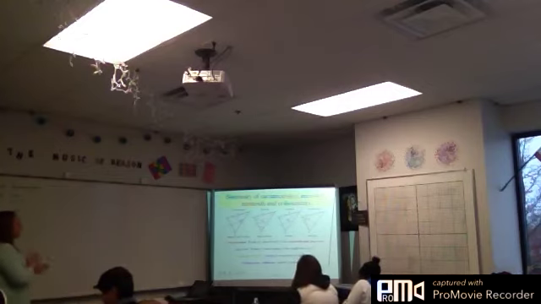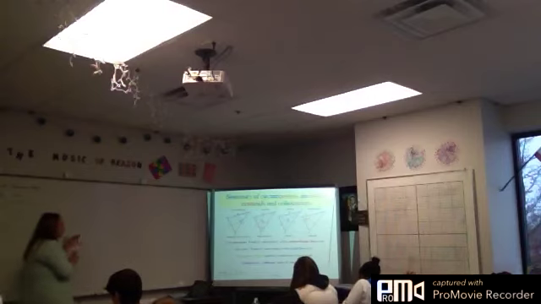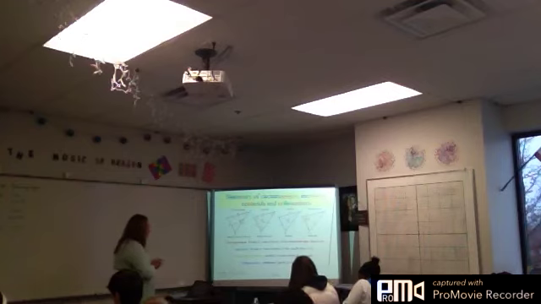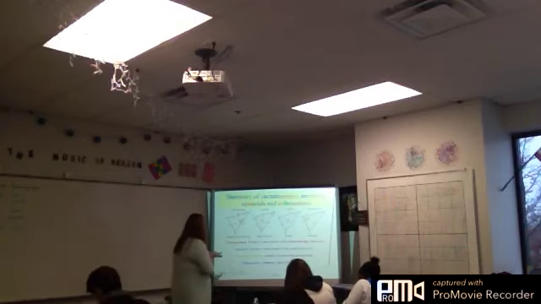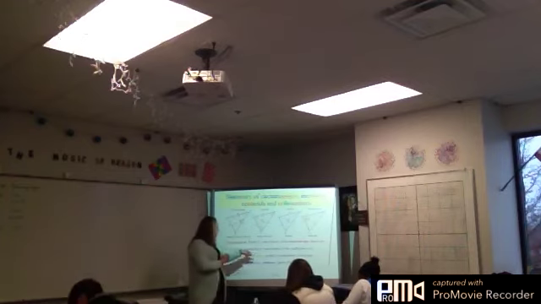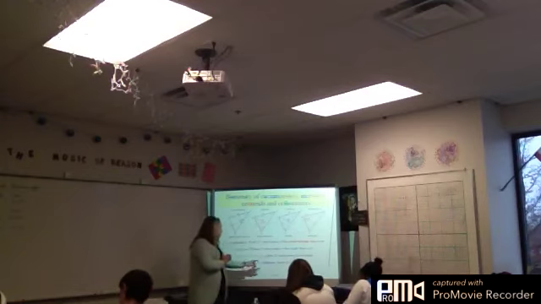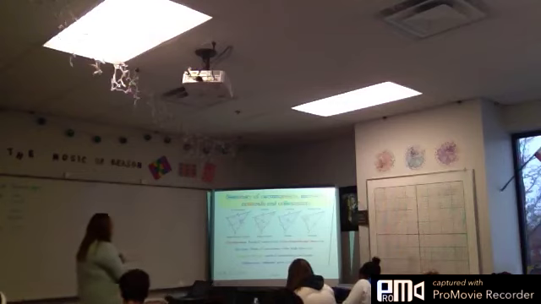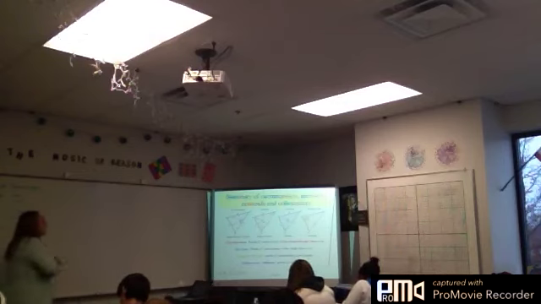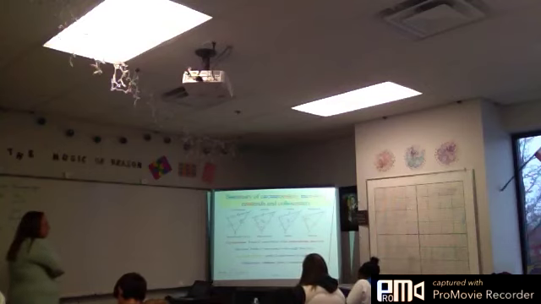You have circumcenters, perpendicular. Incenters, angle. Centroids, median. Orthocenters, altitude. If you notice, the vowels go with the vowels. Incenter, angle, orthocenter, altitudes. Circumcenter, perpendicular, centroid, medians. You have to be able to distinguish those.